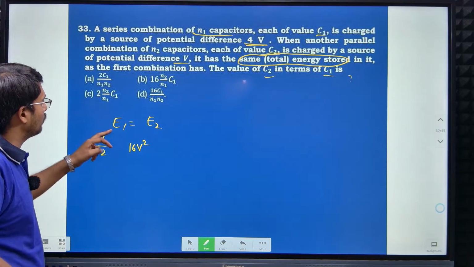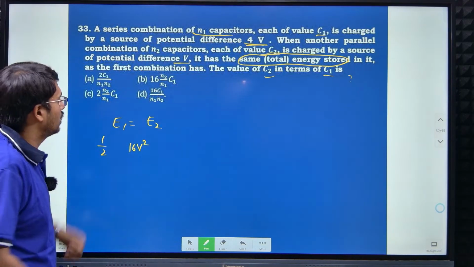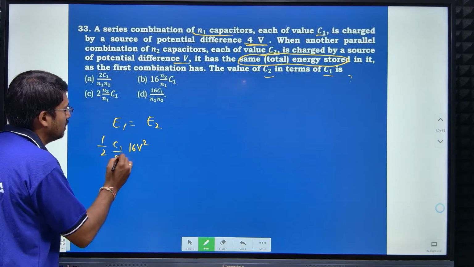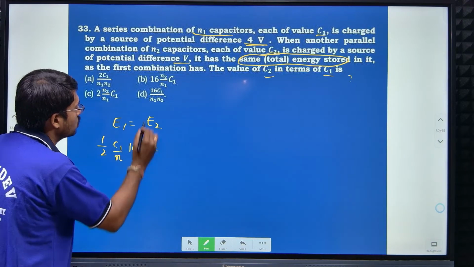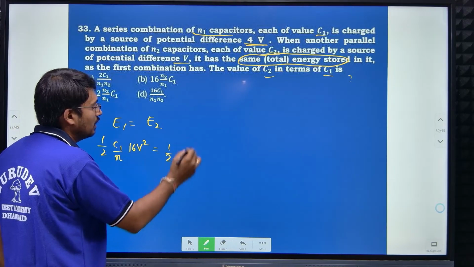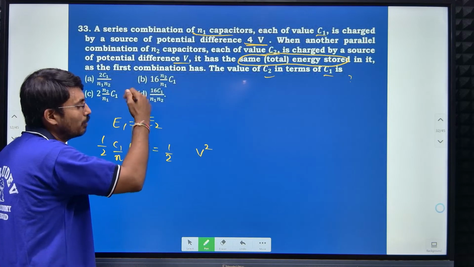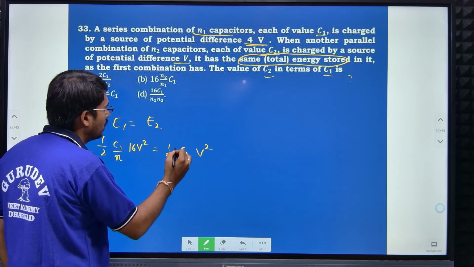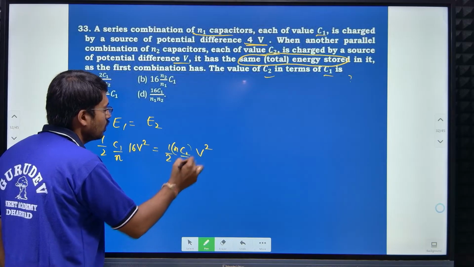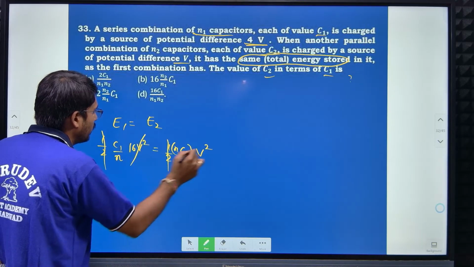What is the effective capacitance in the first case? N1 capacitors are in series, therefore we can write C1 divided by N1. That is equal to E2. E2 is again half, C effective multiplied by V square. What is the C effective here? It is a parallel combination, therefore it is N2 into C2. Half we can cancel, and V square also we can cancel.